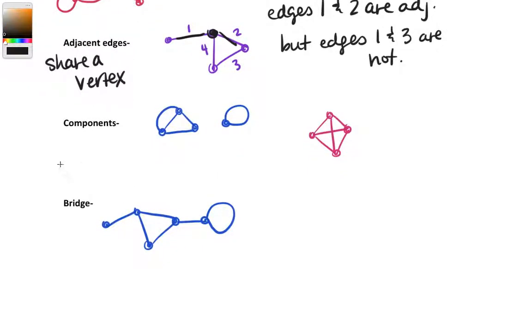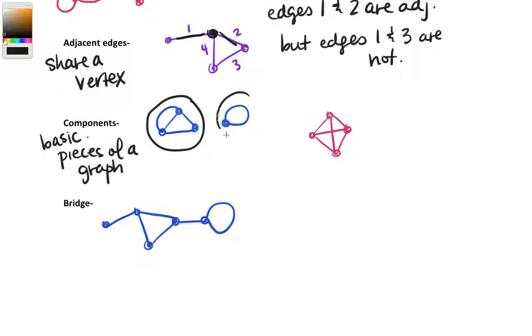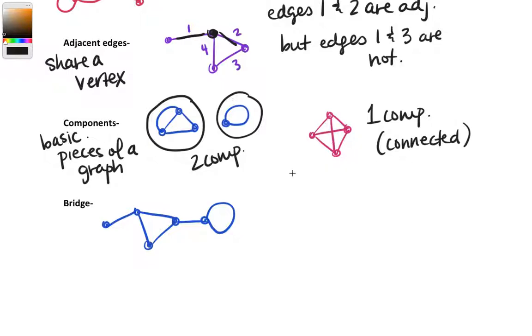Components are the basic pieces of a graph. For instance, on this first graph in blue, we've got 2 components. You have 2 pieces that you can separate off that aren't connected by edges. Here we just have 1 component. And you're always going to have 1 component when it's a connected graph.